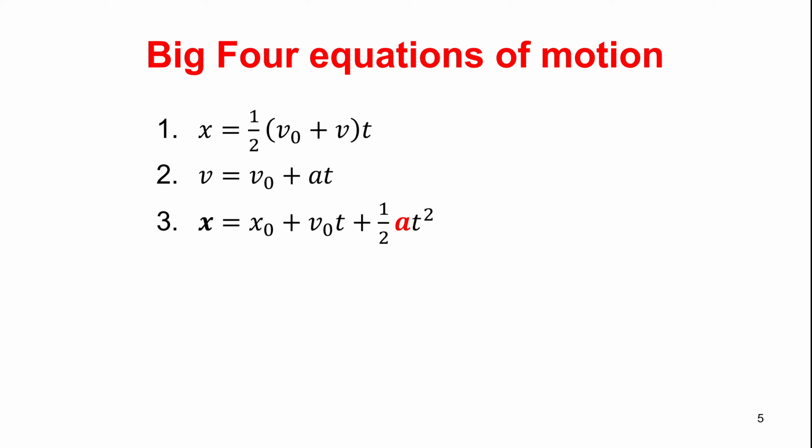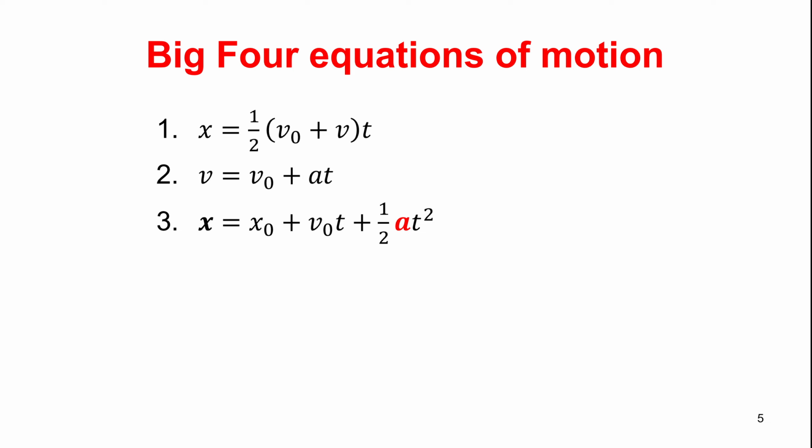All of these are just integrals of the definitions of acceleration and velocity. So the third one is going to tell us the displacement is equal to the initial displacement plus the initial velocity multiplied by the time plus 1/2 linear acceleration multiplied by time squared.